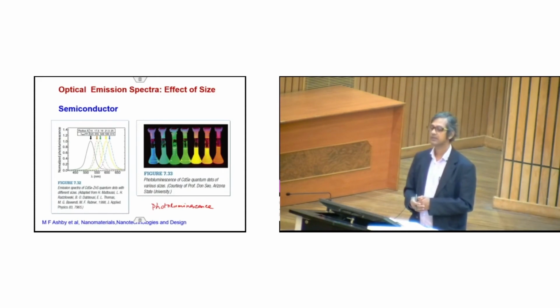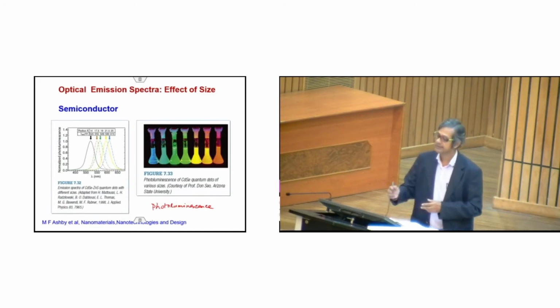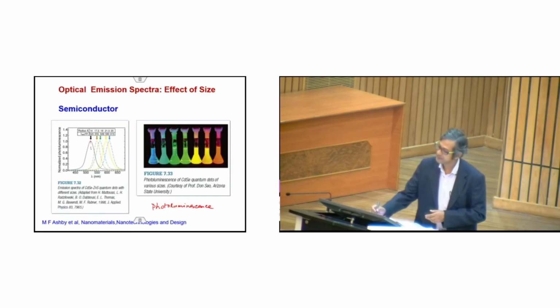Sizes means it can have 14 nanometers to about 25 nanometer sizes. What you see is a big, intense peak of normalized photoluminescence as a function of lambda, and these are the peak values of lambda. You can clearly see where the radiation has peaked.